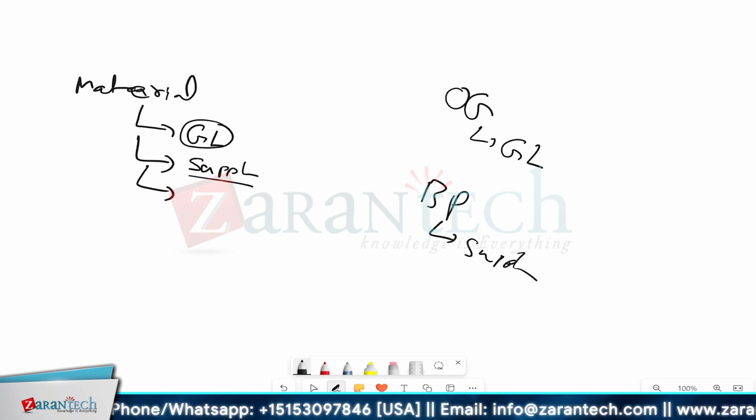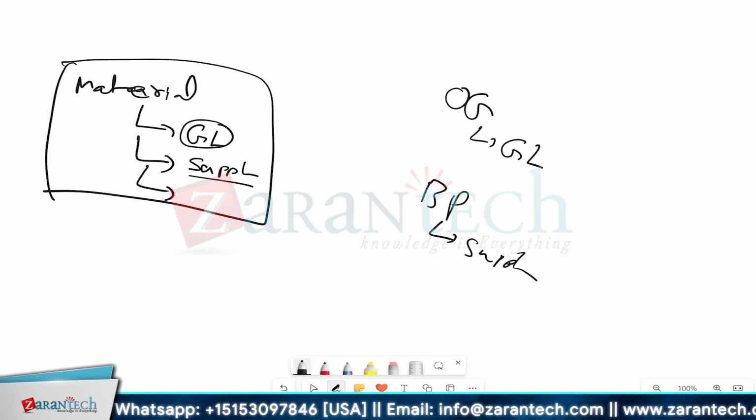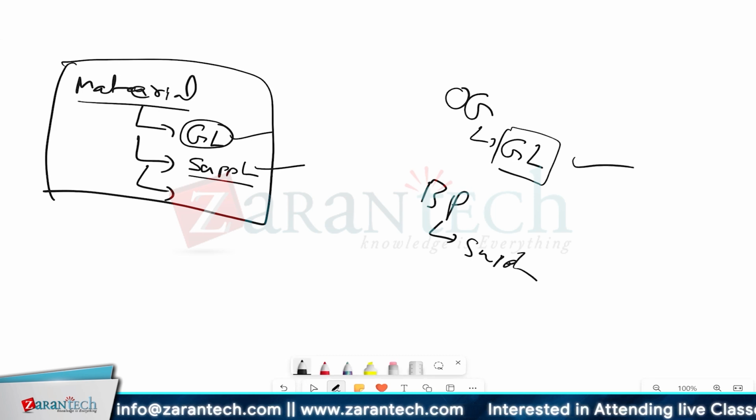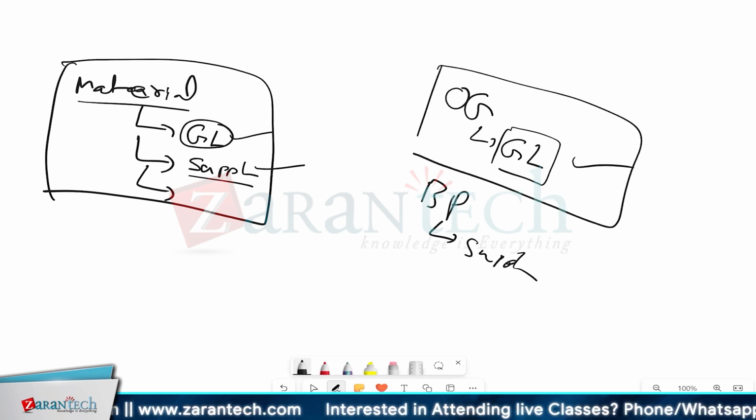So when you're creating this material, you need to enter a GL account and a supplier. What does that mean? By the time you're creating this material, your GL account should already have been created using the GL master data process, using your finance master data governance.